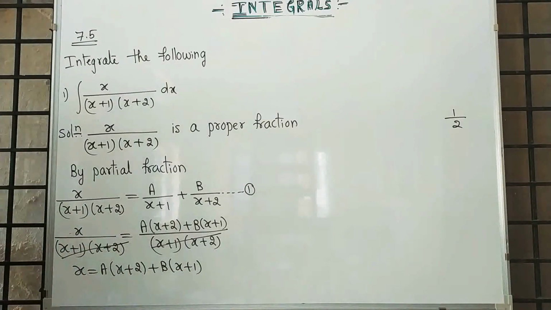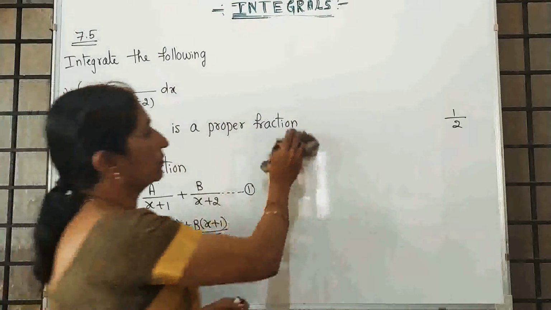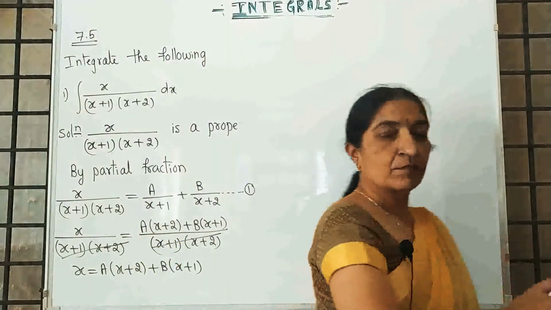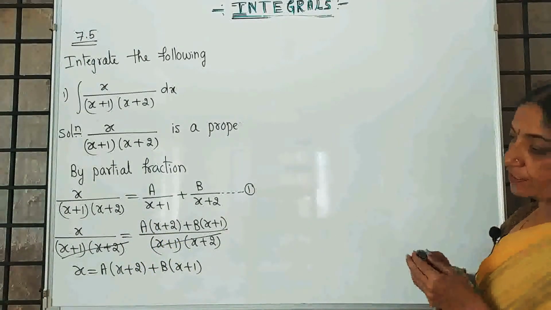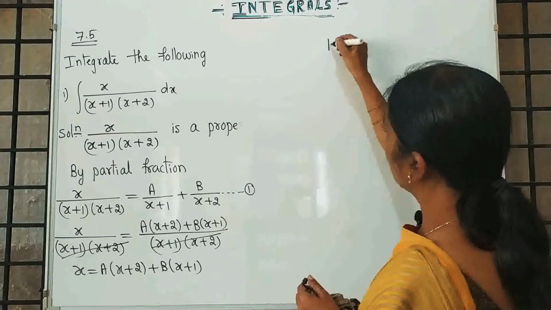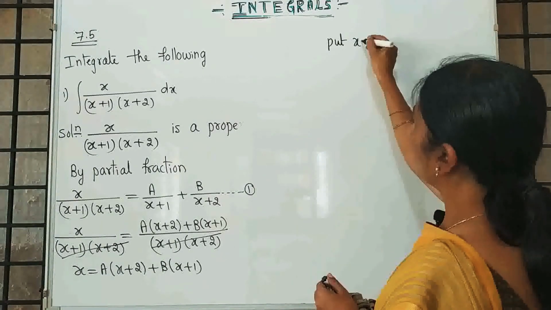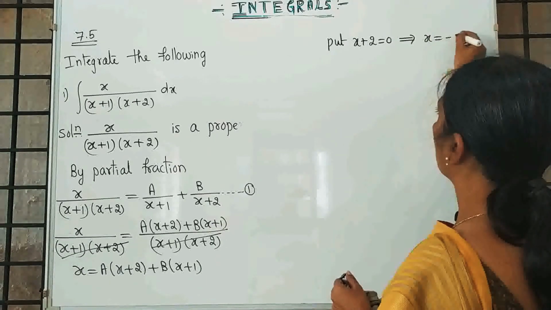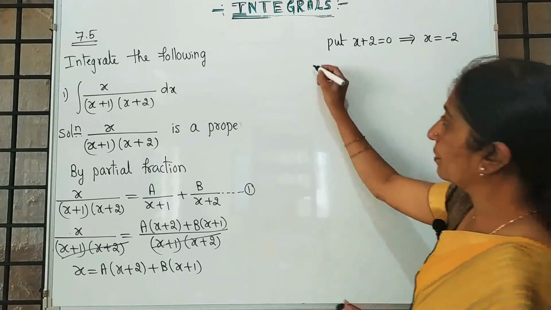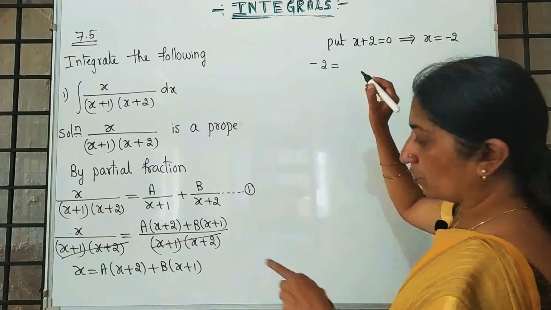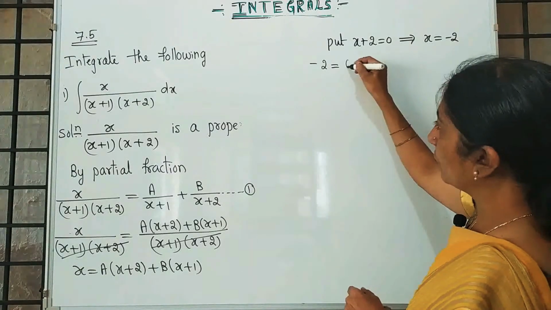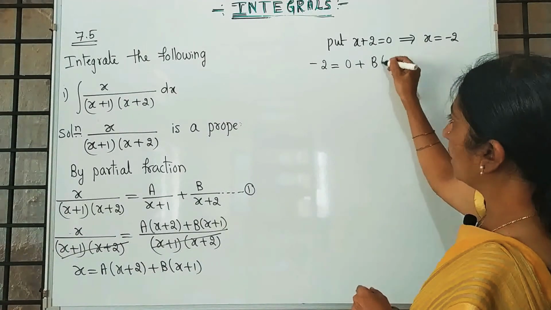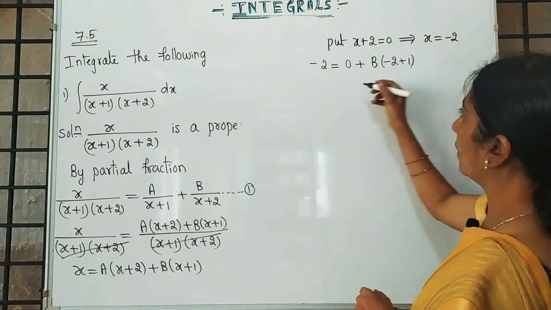As you already know, select the linear factors on the right side one by one. Here, first I am taking x plus 2. Put x plus 2 equal to 0, which implies x is equal to minus 2 throughout the equation. Minus 2 is equal to a into (minus 2 plus 2) which is 0, plus b into (minus 2 plus 1).